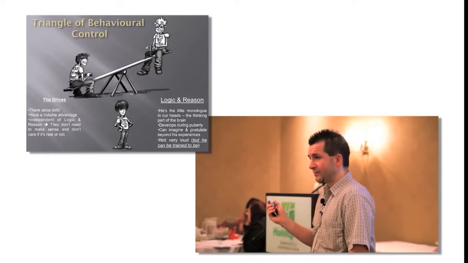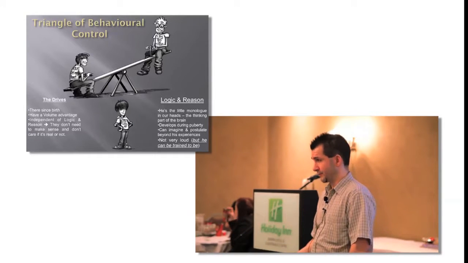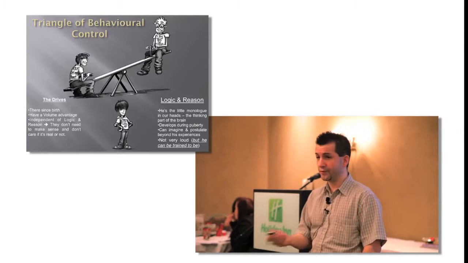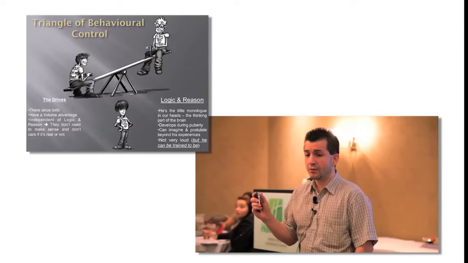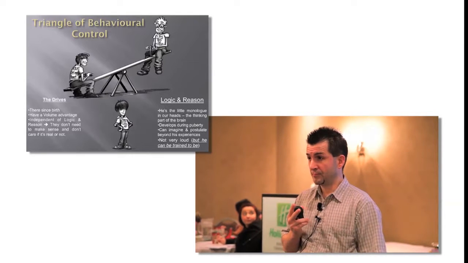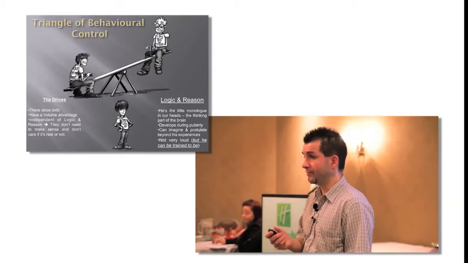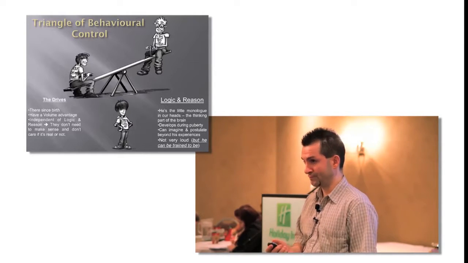Now, the triangle of control of human behavior, as all of you know, triangles have 3 points. Those 3 points in children aren't 3, it's 2. In children, it is a teeter-totter of control.